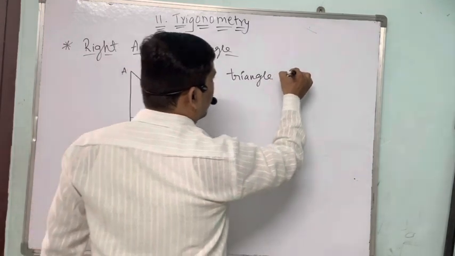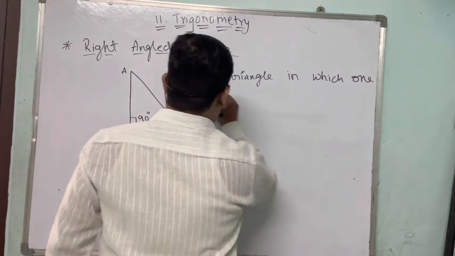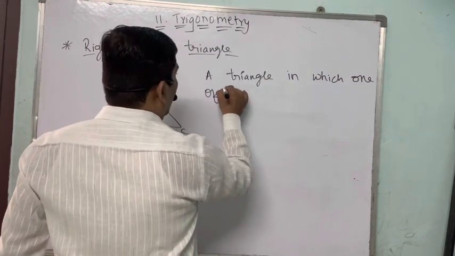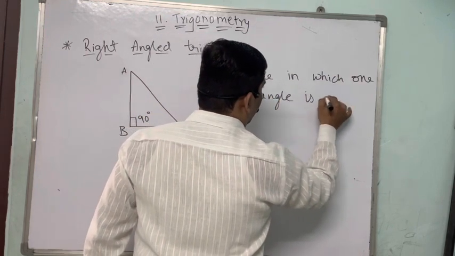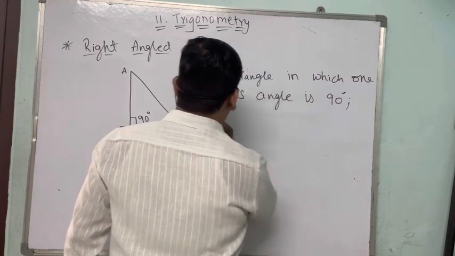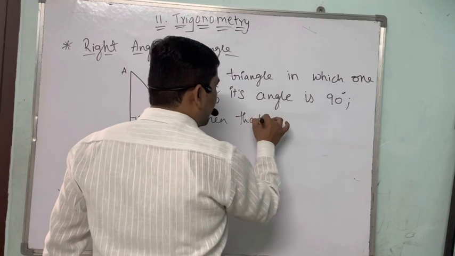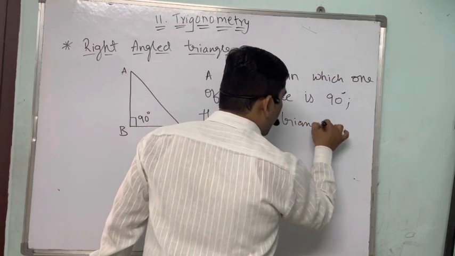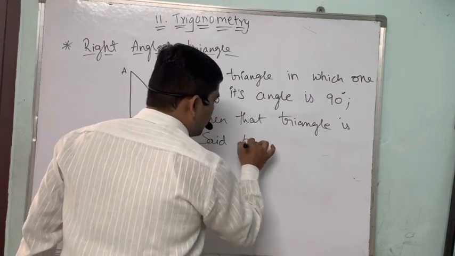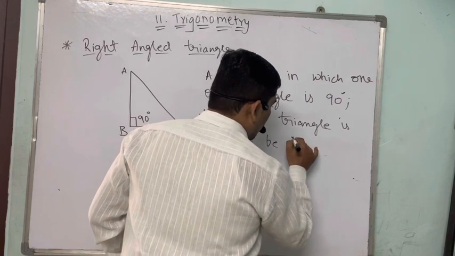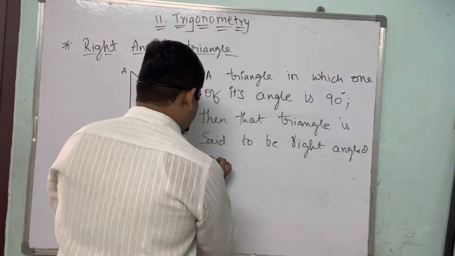A triangle in which one of its angles is 90 degrees, then the triangle is said to be a right angled triangle.